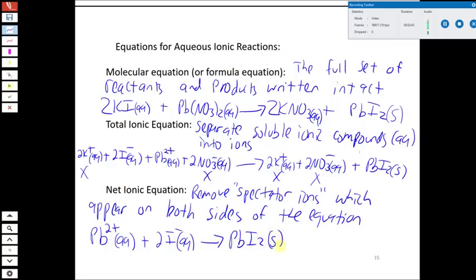So another way of thinking about the net ionic equation is that it only includes the ions that are combining to make our insoluble product. So it's the lead 2 plus, the 2 I minuses, which combine to make lead iodide. K plus and NO3 minus would be spectator ions, and they would not appear in the net ionic equation.